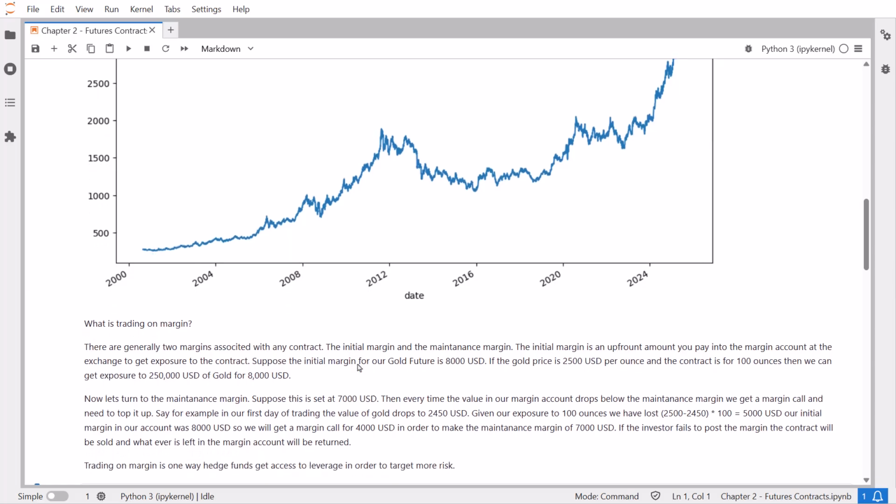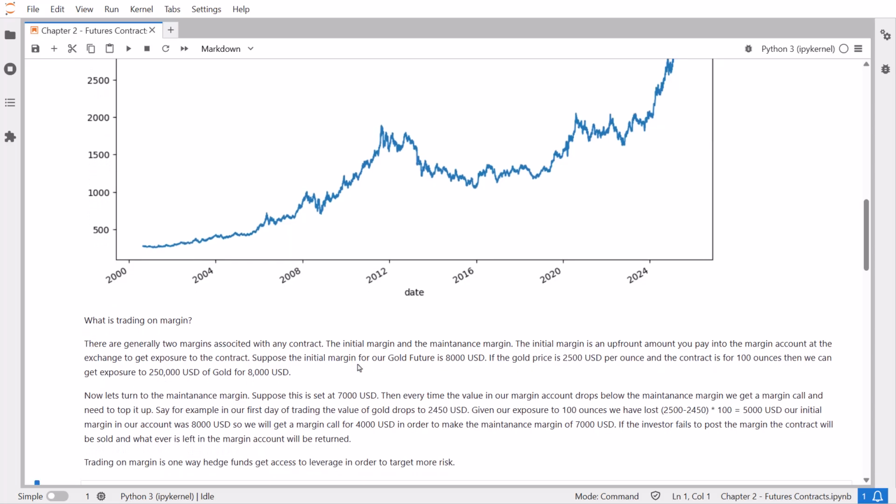Okay, so what is trading on margin? Well, basically there are two types of margin that we need to be aware of. The first is the initial margin, which is how much money we have to put up to take the contract, to buy the contract.